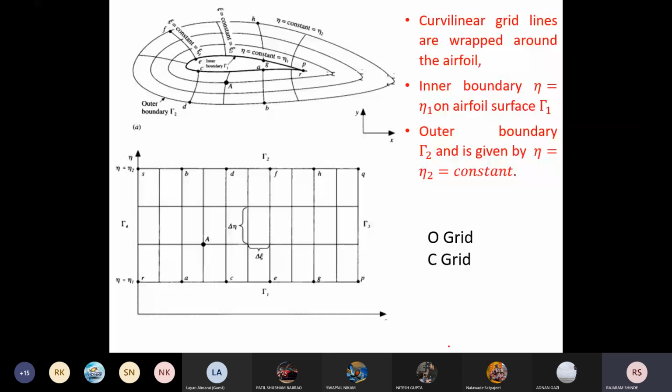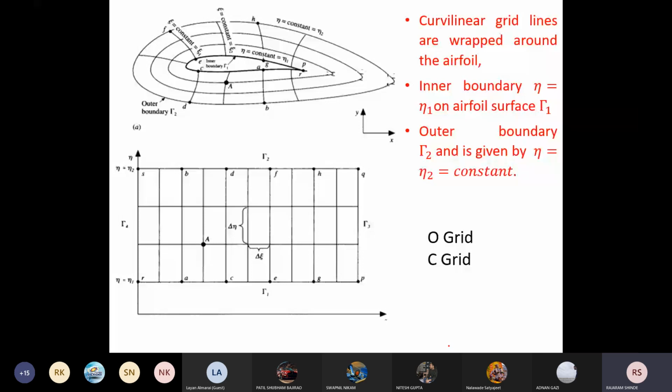One coordinate, eta, is equal to eta 1, a constant, and is on the aerofoil surface. This is the inner boundary of the grid.